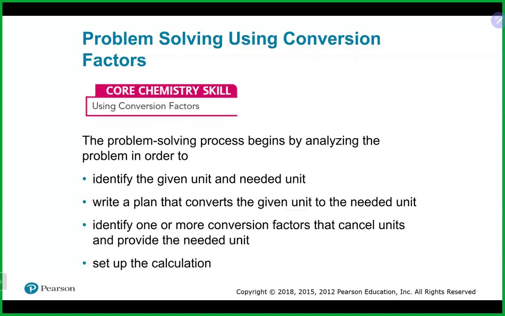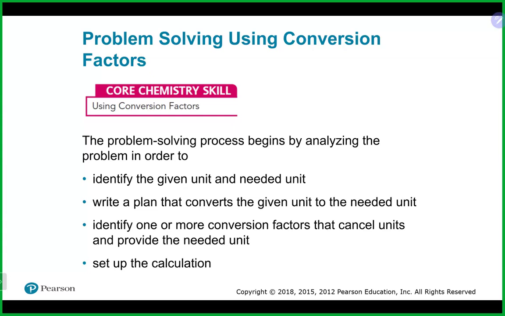When we do problems, there are a few steps that can be helpful. A lot of times you want to write what's given to you, and that goes for any type of problem. Especially if you have formulas, if you write what's given to you, often you can look at it and say, that looks very much like this formula, and figure out what you don't have. You want to think about a plan, which way will get you from one unit to the next.